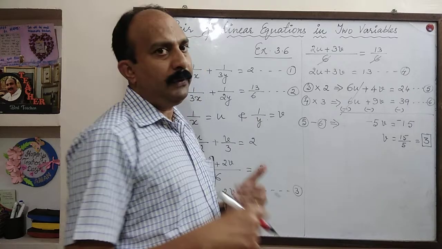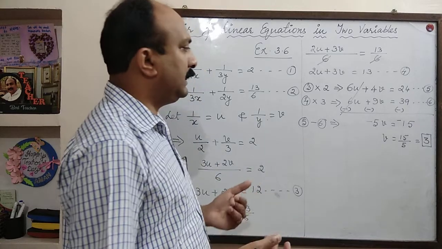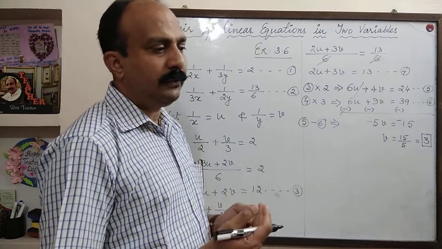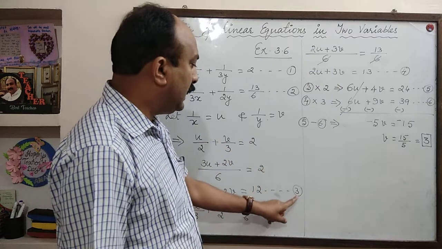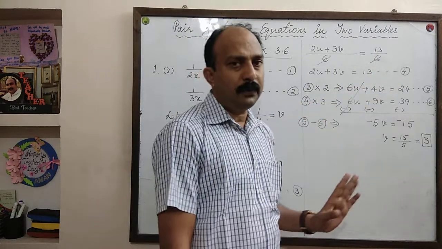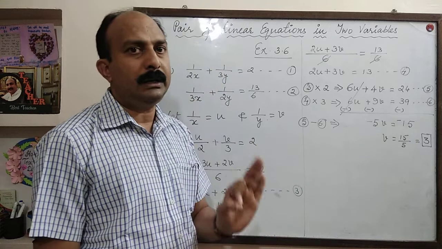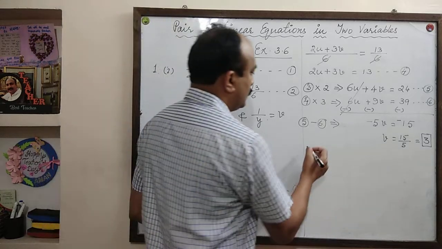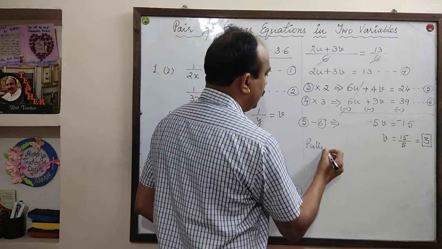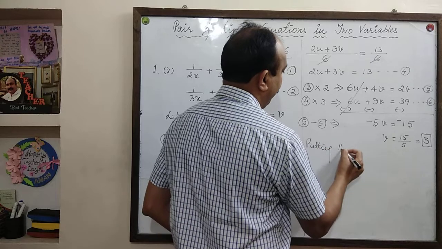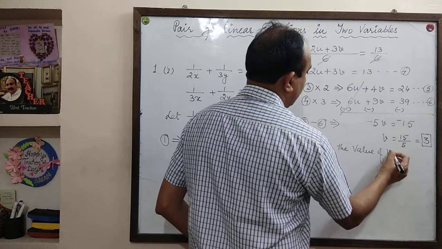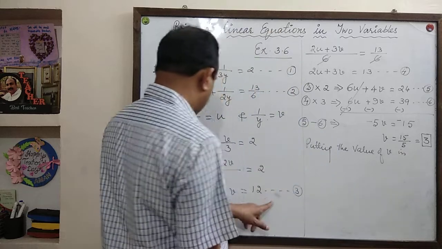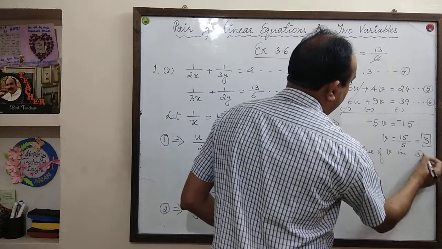After getting the value of any one variable, we know the method. We will substitute this value in any equation, either equation 3 or equation 4, because 3 and 4 are in terms of u and v. So I am putting the value of v in equation number 3.